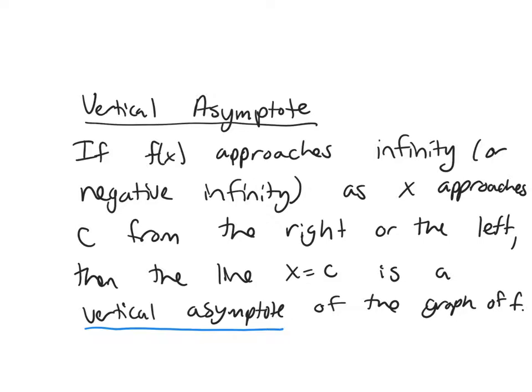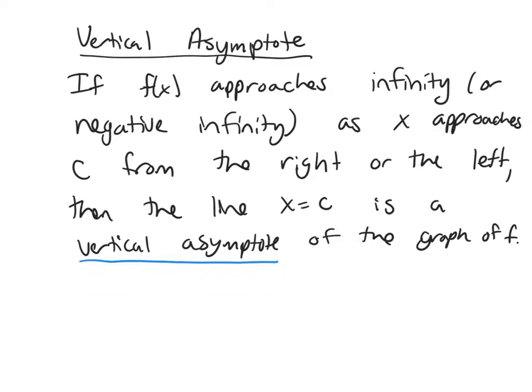So if you're looking for a vertical asymptote, right here, here's our vertical asymptote. It's x equals c.